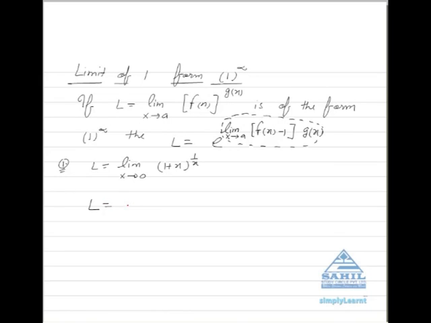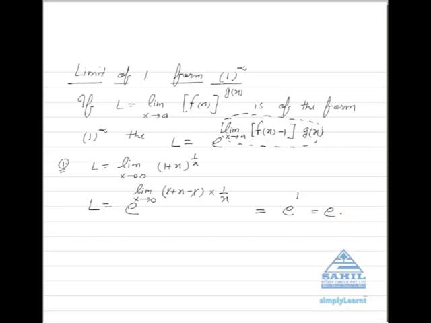So L equals e raised to power limit x tending towards 0 of (1 + x − 1), that is f(x) − 1, into 1/x. So we can cancel out x and x, and your output will be e raised to power 1, or e. I think that is the easiest process to find out the limits.